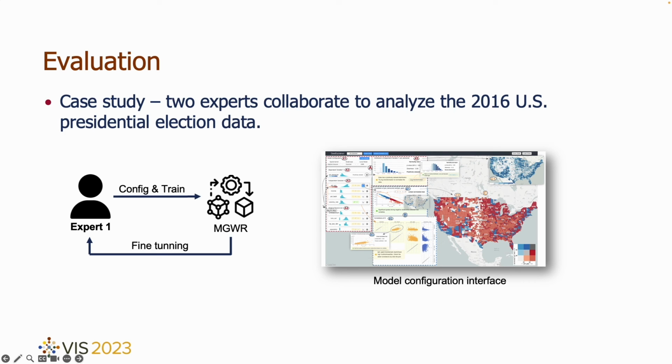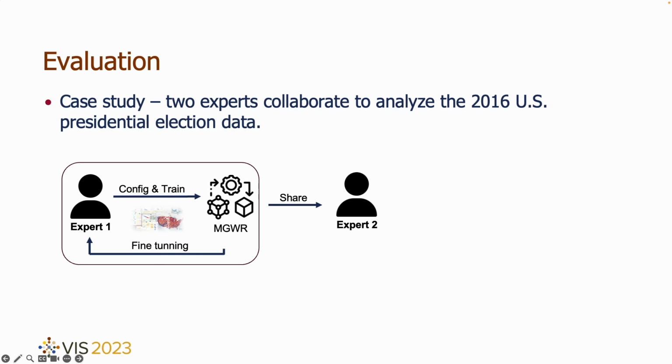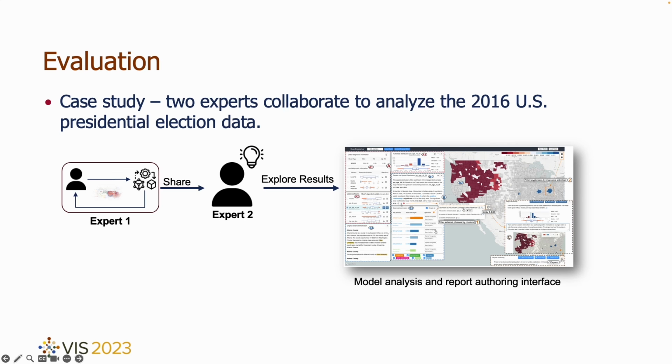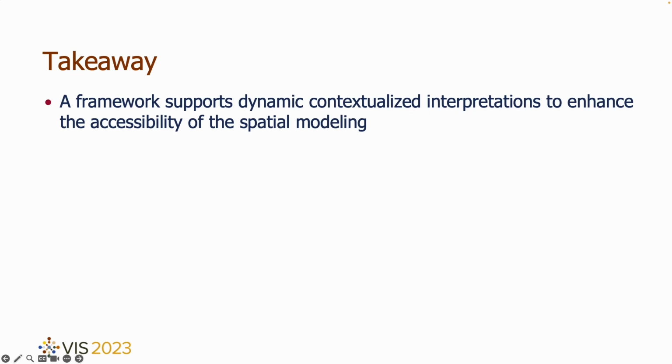Expert 1 is responsible for configuring and training an MGWR model on the dataset. After training the model, Expert 1 saved the analytical state and shared it with Expert 2. Expert 2 used the model analysis and report authoring components to explore the model results and author a report.